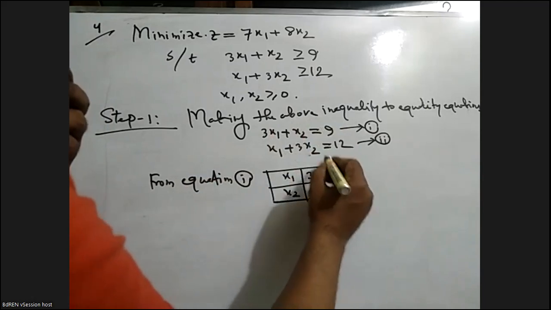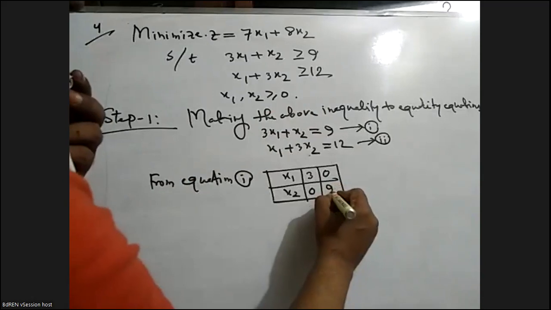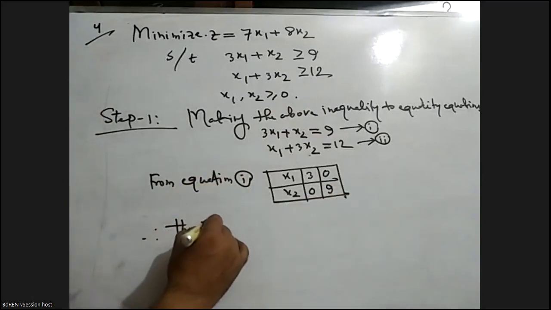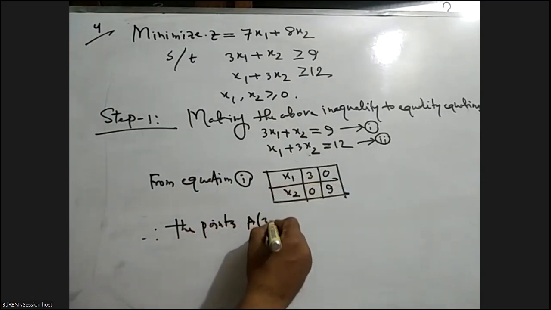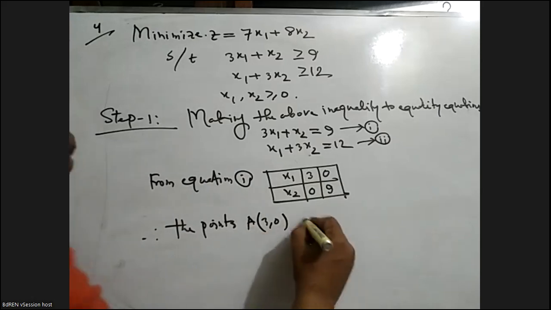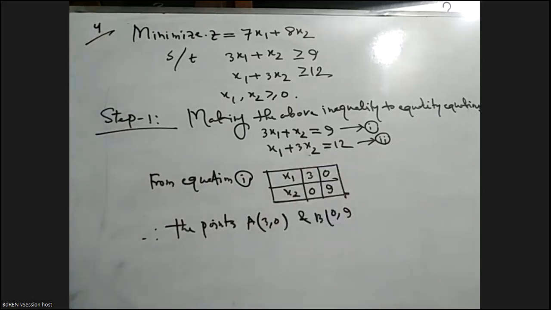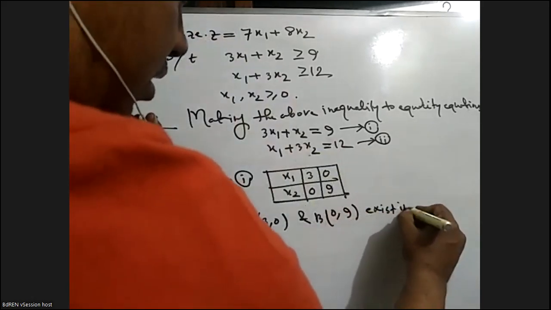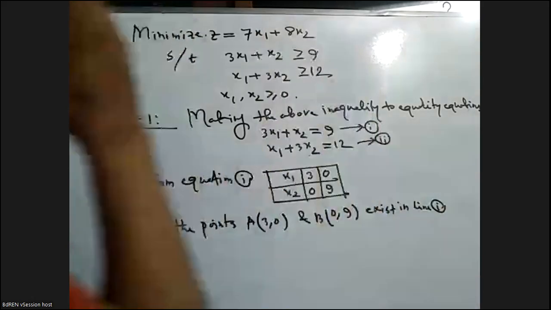Now if x1 equals 0 in equation 1, then x2 equals 9. Therefore, we get the points A (3, 0) and B (0, 9) that exist in equation 1, in line 1. Okay, equation of line 1.